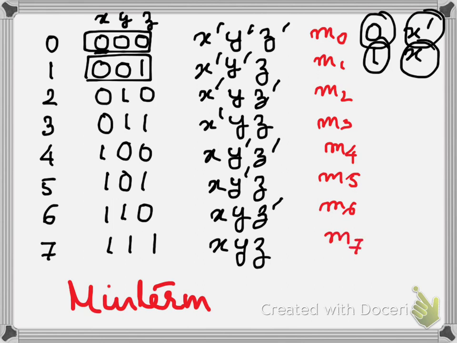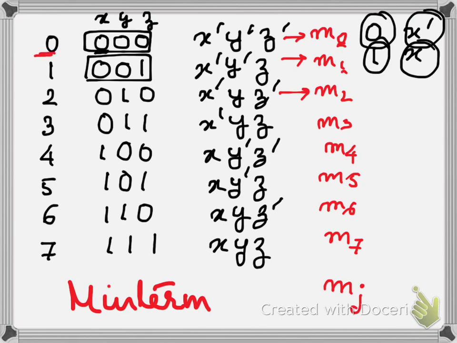So these are the minterms corresponding to each of these. In general, we write it using the notation Mj, subscript j. Here I used 0 because it corresponds to the number 0.